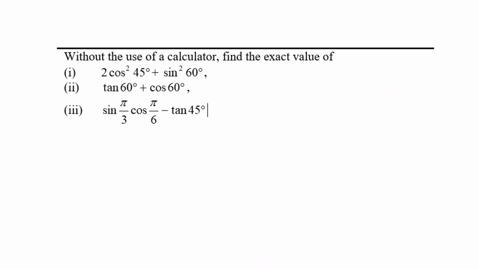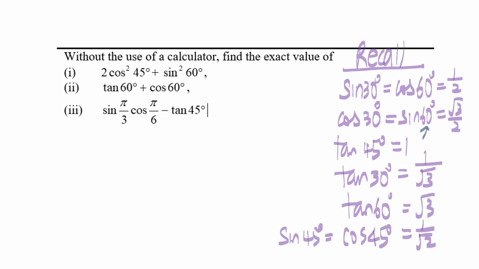Alright, let's continue to solve the remaining questions. Okay, let's recall all the trigonometric ratios of all the special angles that we have learned earlier. Right, let's look at part 2. So we have tangent 60 degrees plus cosine 60.